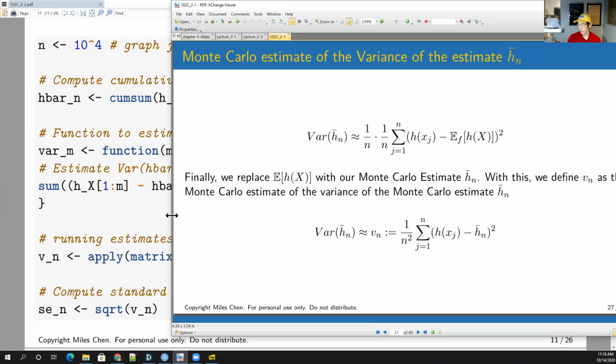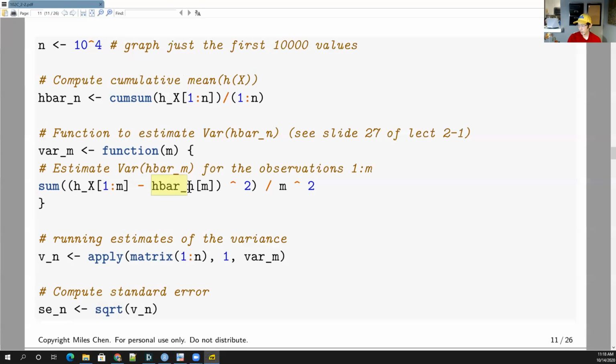And so this is going to be basically h bar sub n, and then I'm looking at the mth value, because this thing is actually a vector of what is h bar sub n for the first 100 values, first 101, 102, all the way up to the first 10,000 values here. And so we're going to just pull that one out. And so the cumulative sum function gets used in calculating all of those running mean values. So I hope that helps.